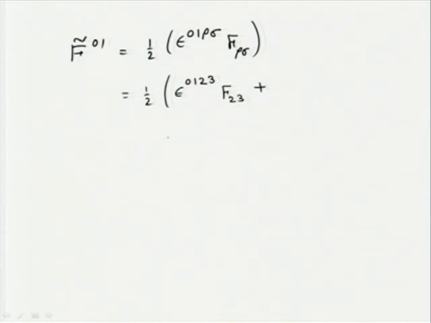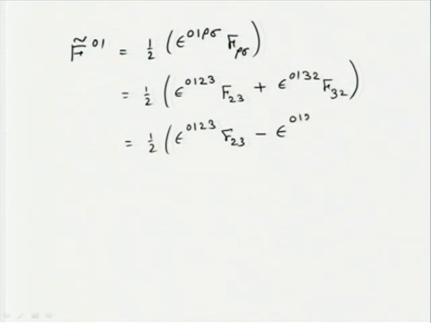What are the other possible rho values? We cannot take 0 or 1, so the other possibility is 3. Once you take rho equal to 3, sigma is fixed to 2, giving F 3 2. That is equal to epsilon 0 1 2 3 F 2 3 plus epsilon 0 1 3 2 F 3 2.